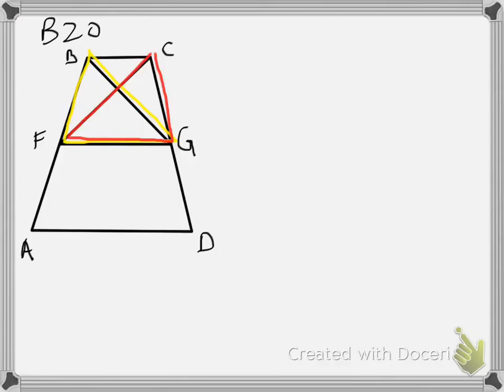Now, it's kind of tricky to show that. So what I'm going to do is break those triangles out and pull them over to the side. Over here I'm going to draw those.